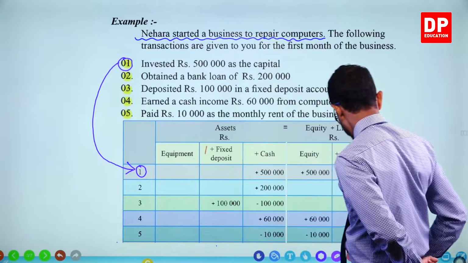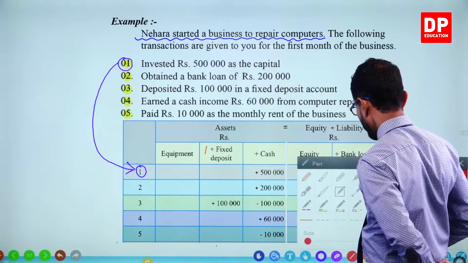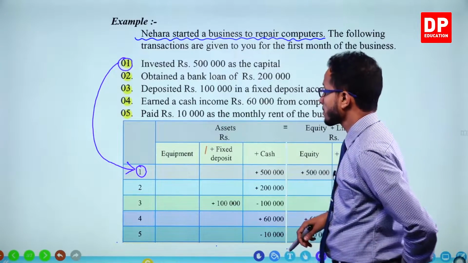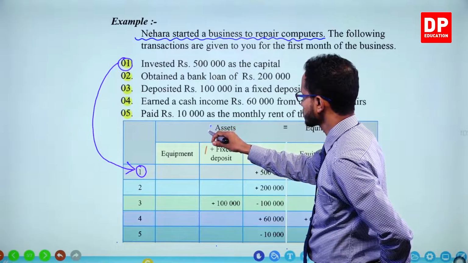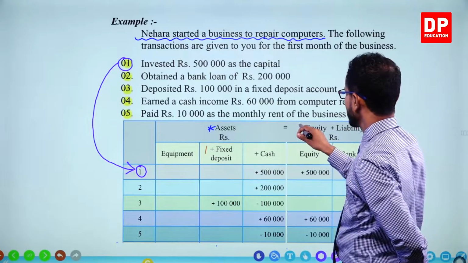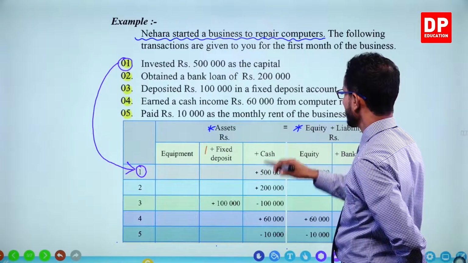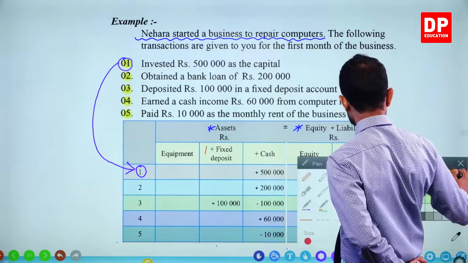That's why I wanted to mention it here. Can you see the assets? Can you see the equity and liabilities?